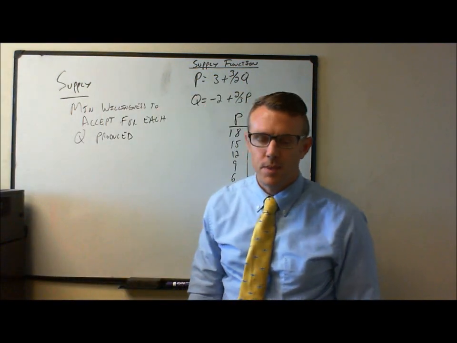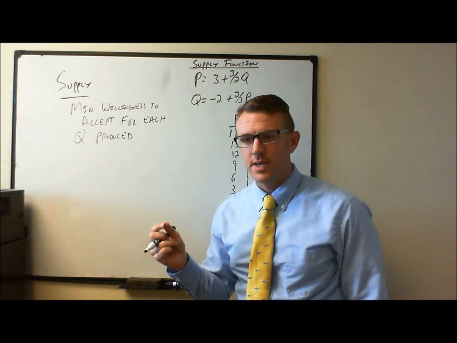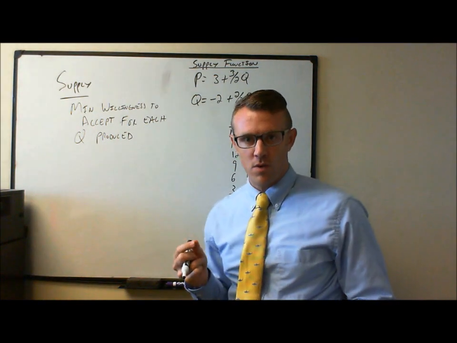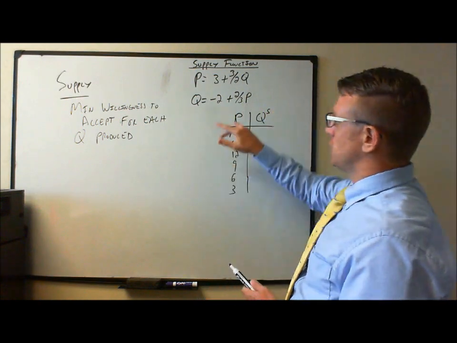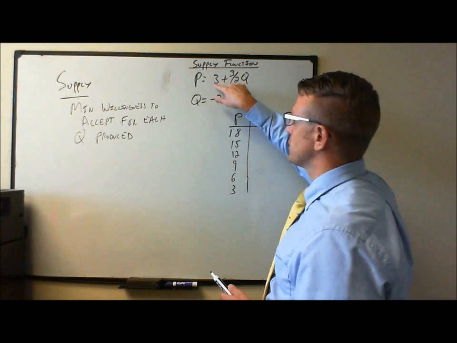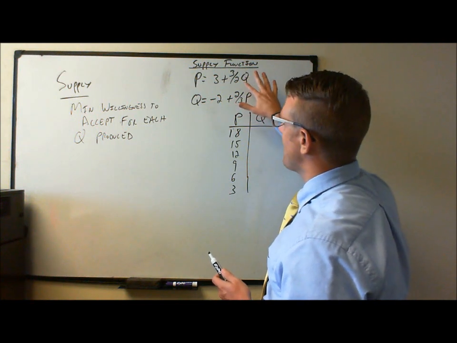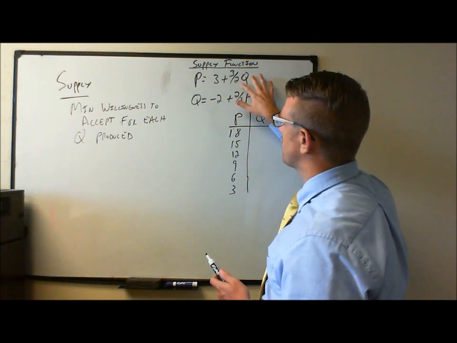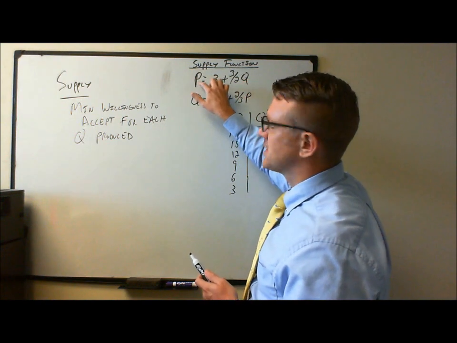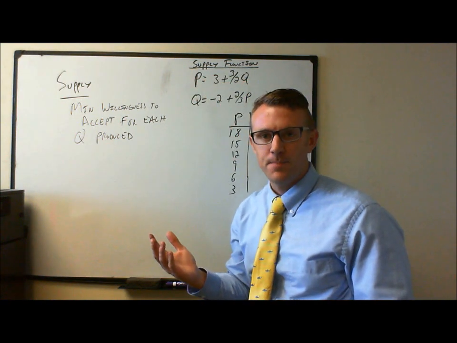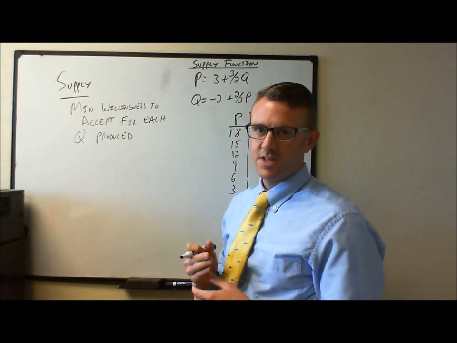The supply curve tells us the price that a seller is going to ask for in order to produce a given level of goods. That's what this function is: P equals 3 plus 3 over 2Q. It says, if I want the supplier to produce a given quantity of goods, this is the price I'm going to have to be willing to pay them, the minimum they're willing to accept to produce that good.